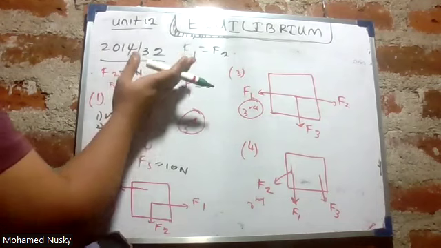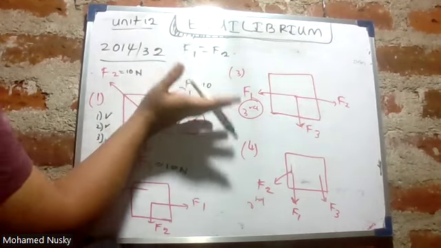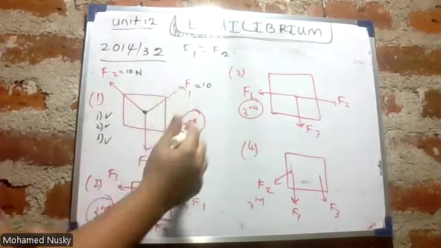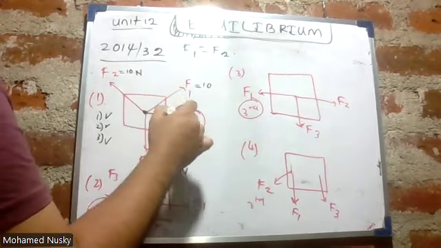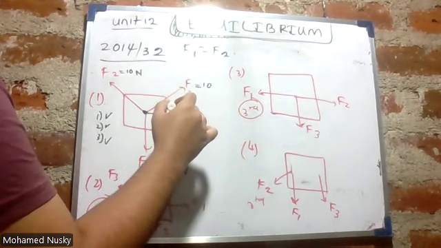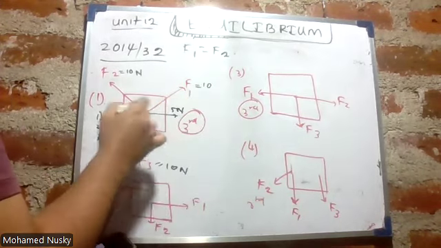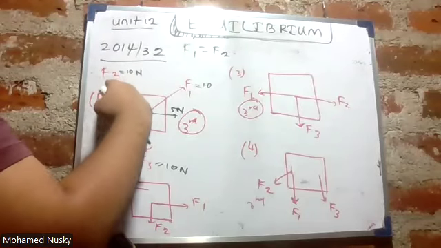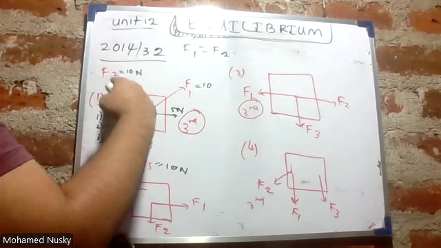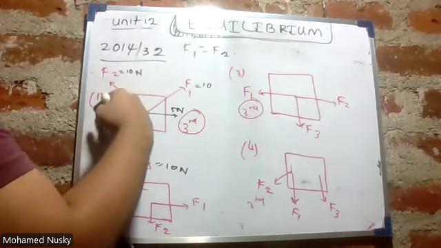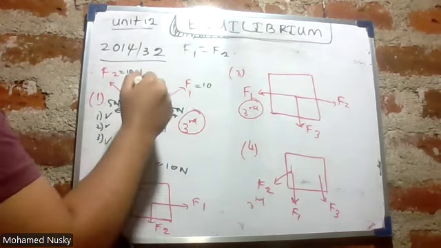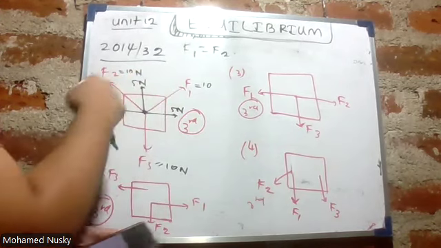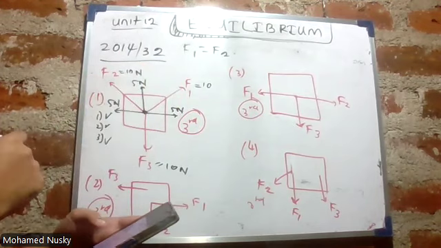Now, I can separate F1 into x-axis and y-axis components. Let's take this as 5 Newton and this as 5 Newton. This 10 Newton is classified as 5 Newton and 5 Newton.